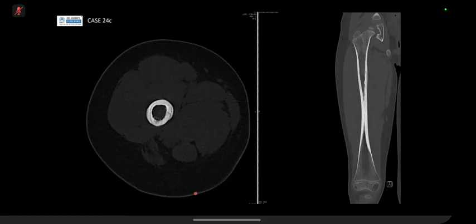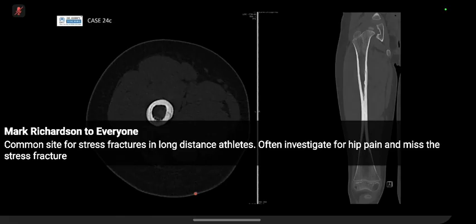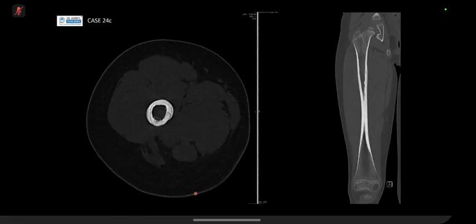So this could represent congenital conditions like osteopetrosis or infections. Would osteopetrosis just affect a single bone in a single site? It's systemic, multisystem.